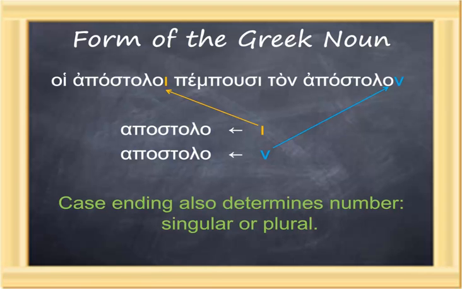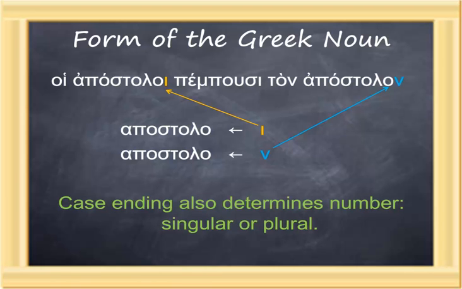Just as the stem conveys two important pieces of meaning about a noun, its root meaning and its gender, so the case ending not only tells us how a word functions in the sentence, but also whether the form is singular or plural.